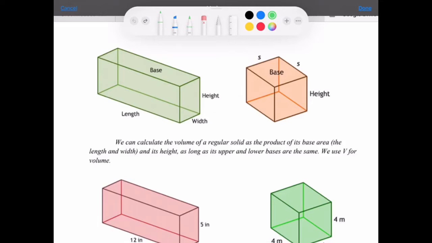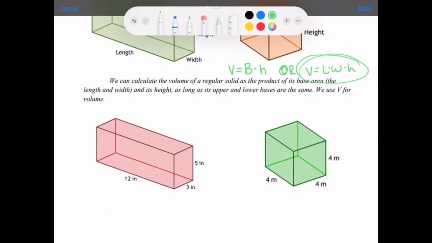Okay, so that pretty much is saying volume equals base area times the height, or volume equals length times width times height. This is typically the one I tend to go for, just because if I see B, I tend to think one value, and this just puts all three of those values right into perspective.